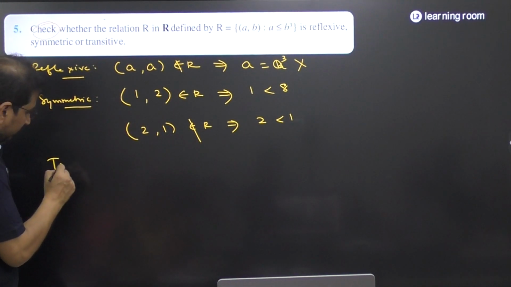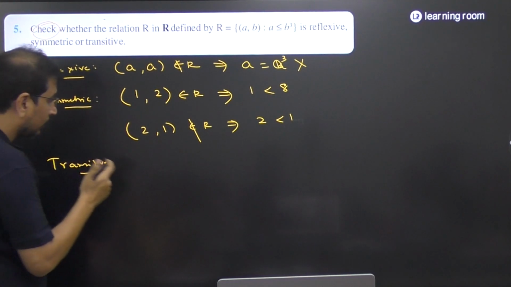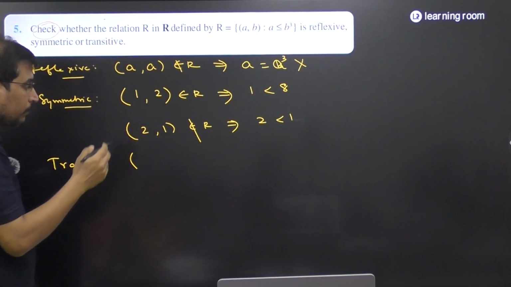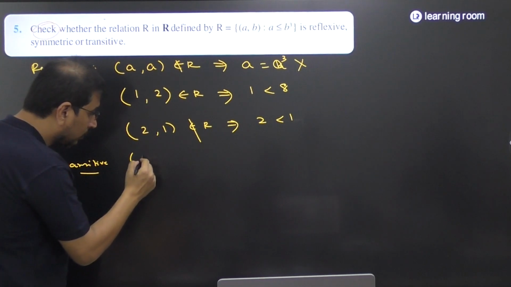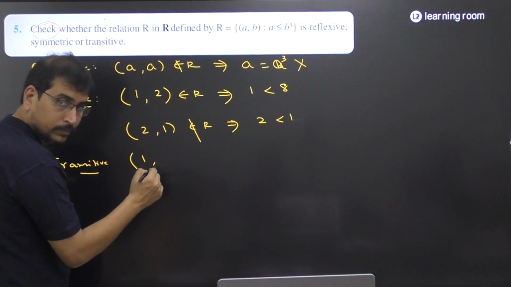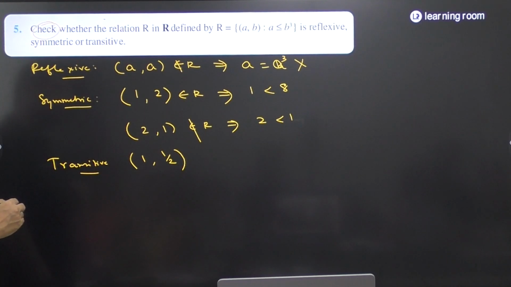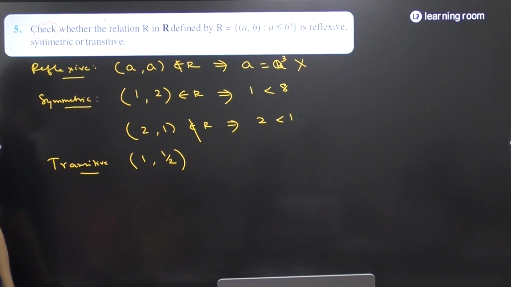What about transitive? What are the numbers you have taken? Okay, what are the numbers you want to take? (1, 1), (1, half). But (1, half) doesn't satisfy, when 1 is less than 1 by 4, which is not possible.